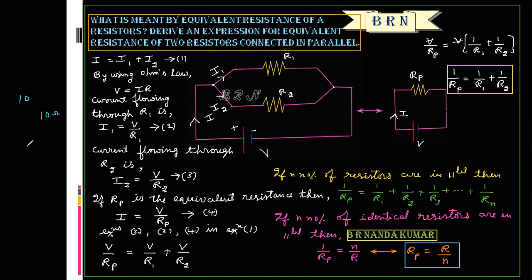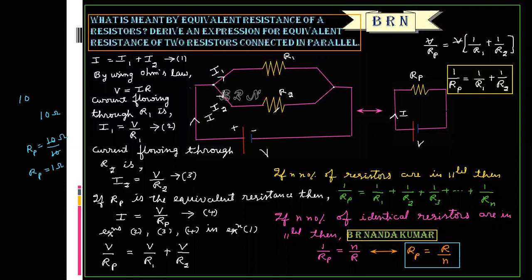RP is equal to, what is the value of R? That is 10 ohm. How many resistors are connected in parallel? 10. So 10, 10 cancels. So we will get 1 ohm. So if more resistors are connected in parallel, then the effective resistance is gradually decreasing.